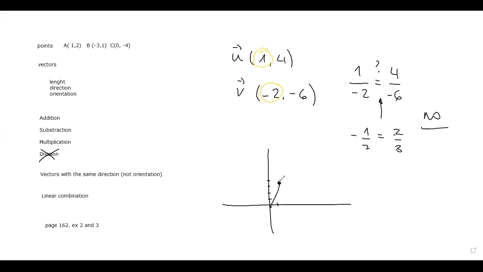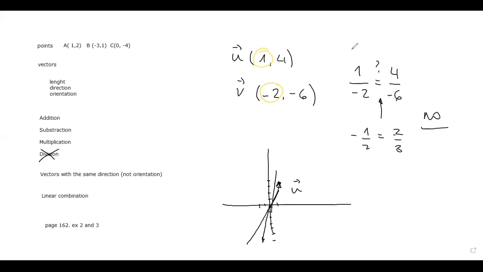Okay, so this is U. V is -2, 1, 2, -6, 1, 2, 3, 4, 5, 6. So this comes here. Not because my picture is not very good, but because they are not on the same line. This line would continue like that. So they're not the same line. So my answer would be no, they don't have the same direction.